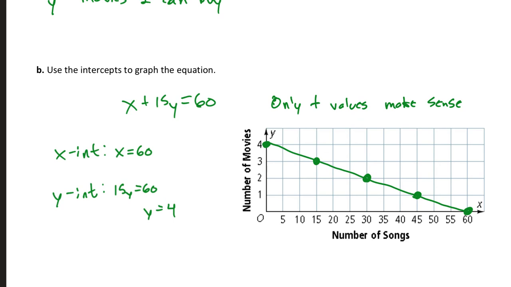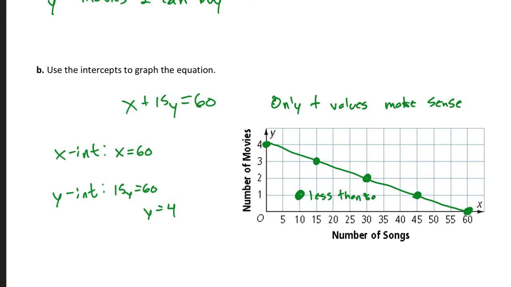If I buy 10 songs and one movie, this would be my point. Now, I'd have enough money, but if I wanted to spend exactly $60, that wouldn't be a solution to this equation. So this would represent spending less than $60. Any point down here.